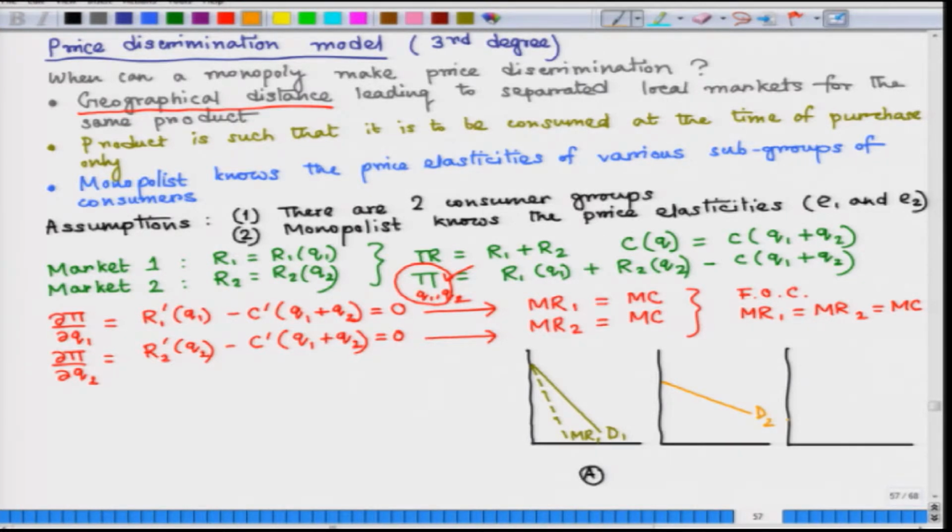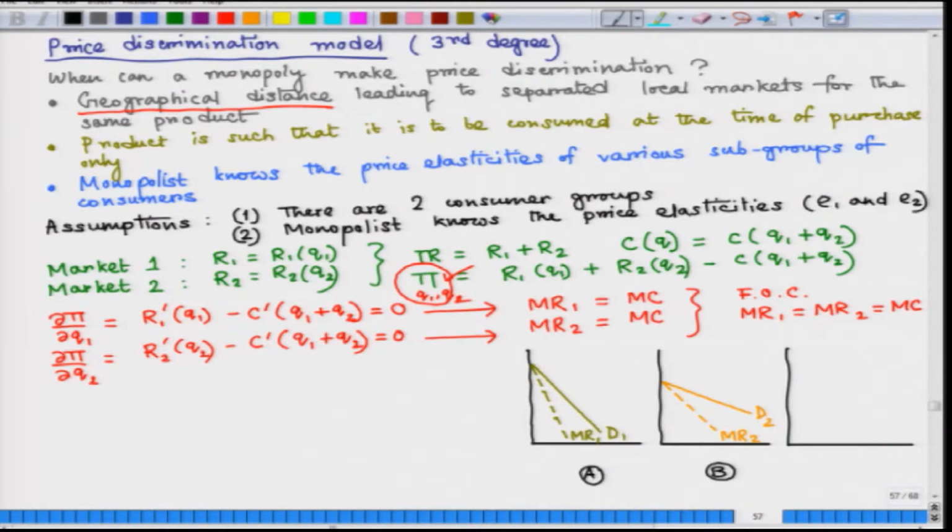So, we are talking about a more elastic demand function in market 2. Correspondingly, market 2 will have a marginal revenue function also, which is given by the broken line, and this is MR2, right.